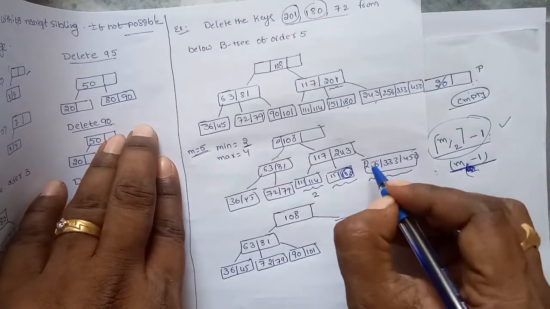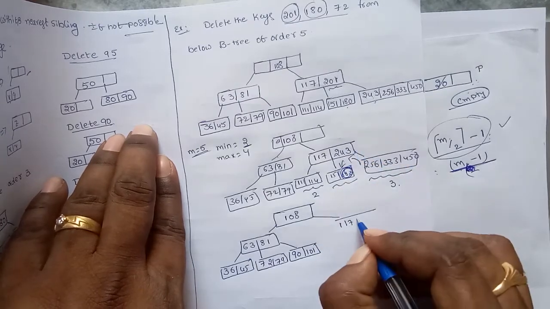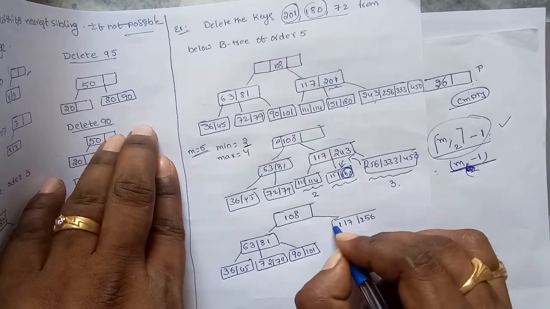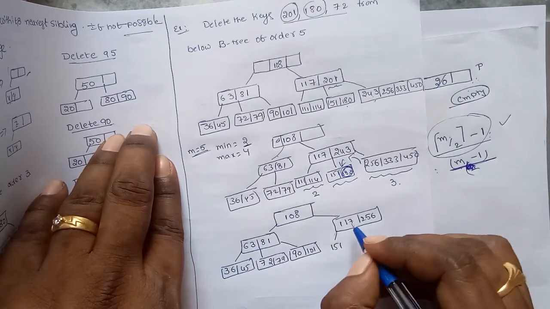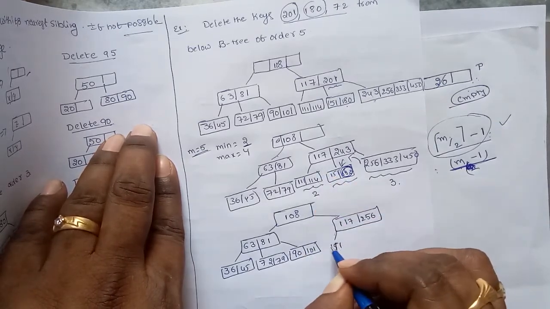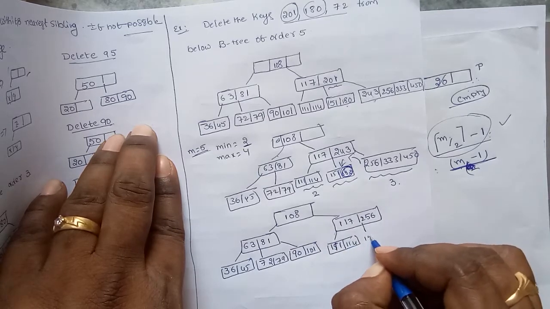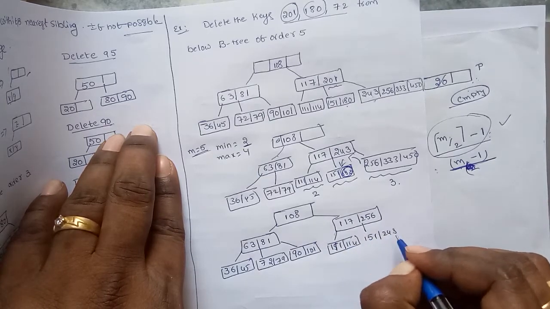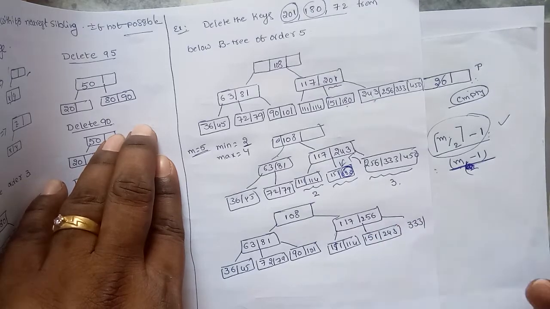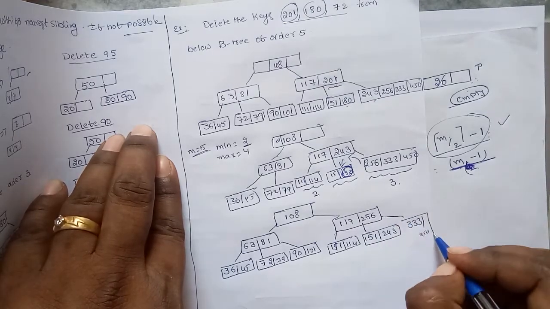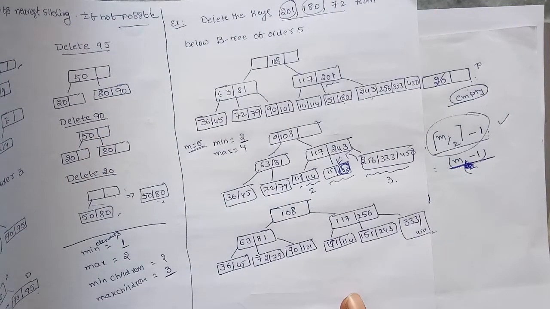In this, after performing rotation, this is the process. 256 is moved to the root. 151, 111, 114, this one, 151, 243, and the right side is 333, 450. This is the tree we are getting after deleting 180.